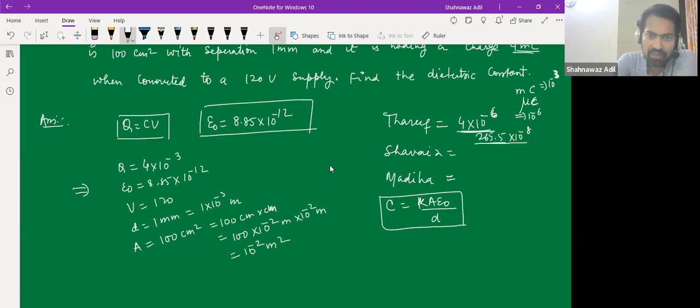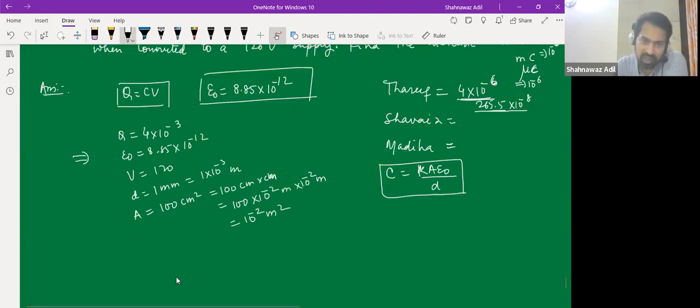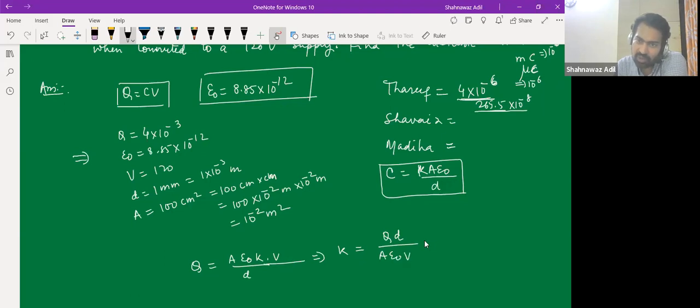So now we have everything and we have to just put the values. So Q is K, epsilon naught, A, V divided by d. So K would be Q d divided by A, epsilon naught, and V. This is 4 into 10 to the power minus 3. d is 10 to the power minus 3.